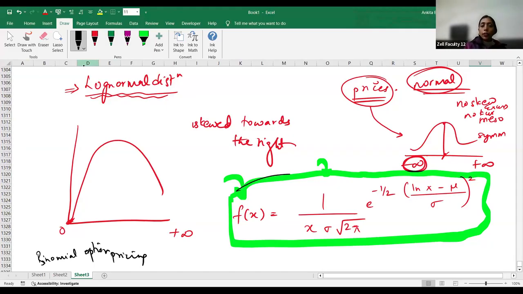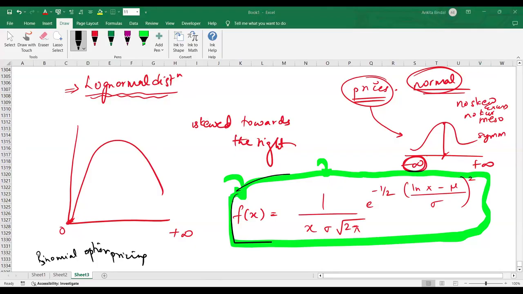Right now, because we are studying it, I'm telling you this is how the function for the log normal distribution looks. Ma'am, so it will be used in book number 3, binomial option pricing, correct, ma'am? Yes.